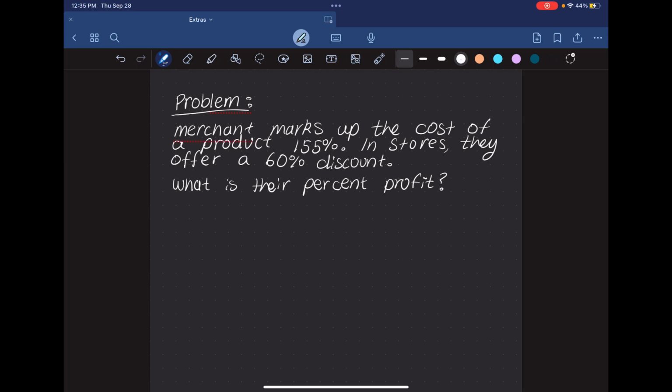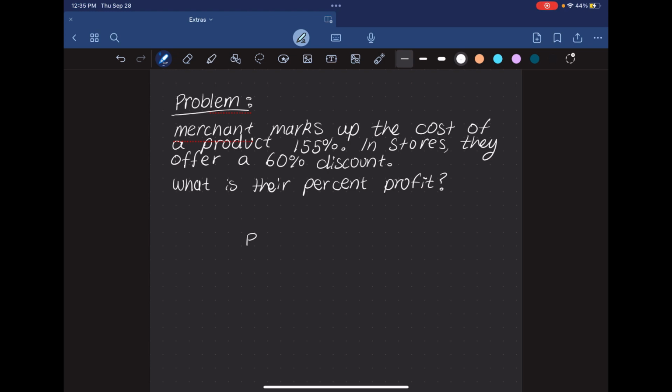Okay, so we don't have a particular number for the cost of our product. So we're just going to use a variable, maybe P, for the cost of my product. And we know that they mark up the cost 155%.